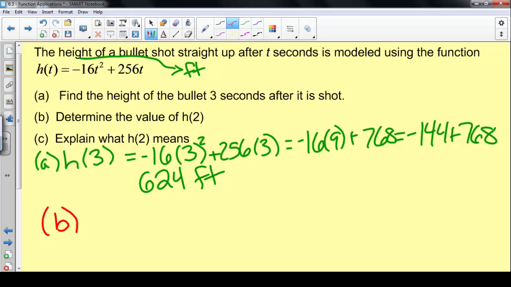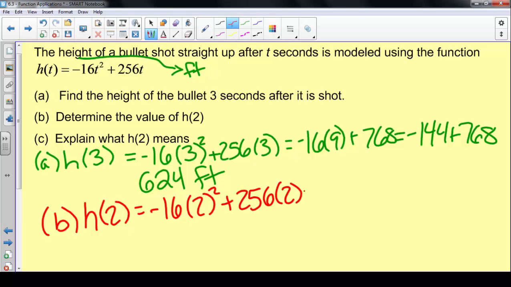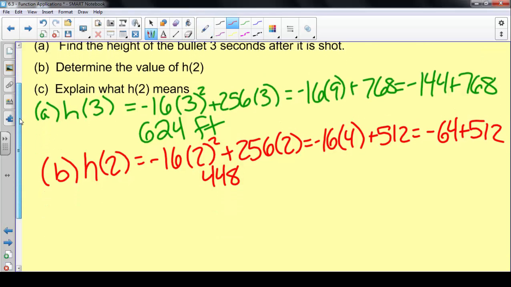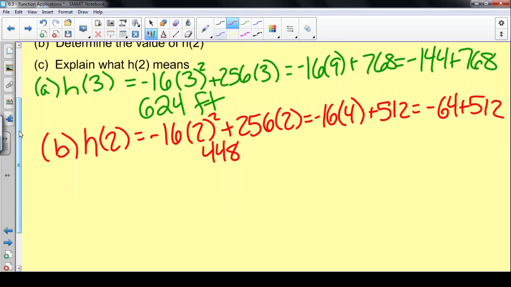Alright, so we want to find the value of h of 2. So same idea, but we're using 2 now. So we get 448. And now for C, it's asking us to write out what exactly h of 2 means.